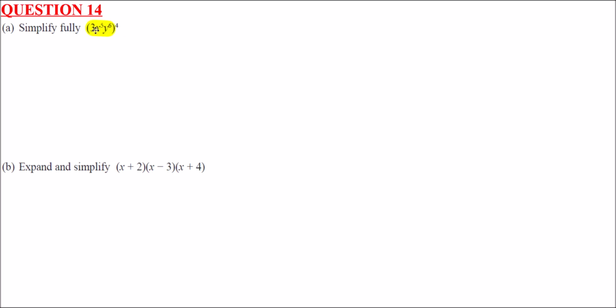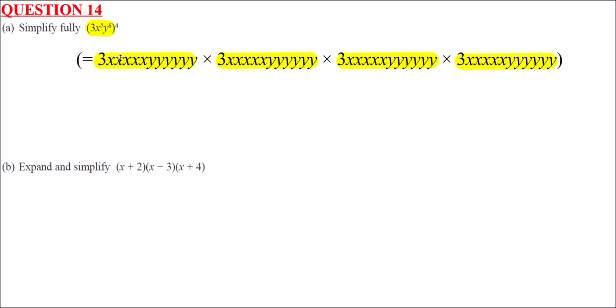So we're multiplying 3x^5 y^6 by itself 4 times in a row, which would look like this if we did it the long way. 1 lot of itself, 2 lots of itself, 3 lots of itself, the 4th lot of itself. This just illustrates, hopefully a bit clearer, that we need to multiply everything here by itself 4 times.